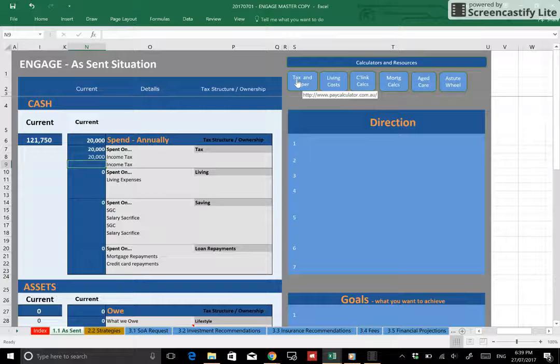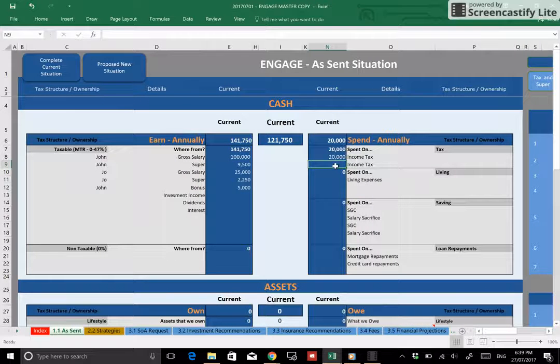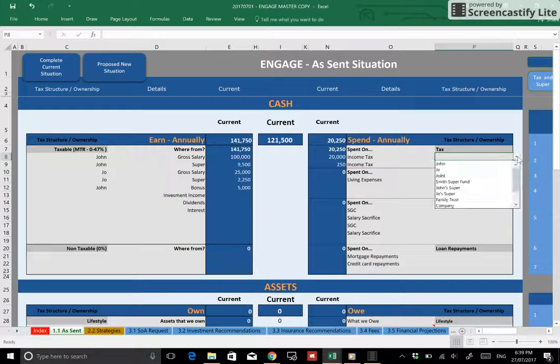We put in John's income, and that will tell us the amount of tax that he will pay. We know Josephine's income tax is going to be about $250. Put that in there. And again, we state who it's actually for.